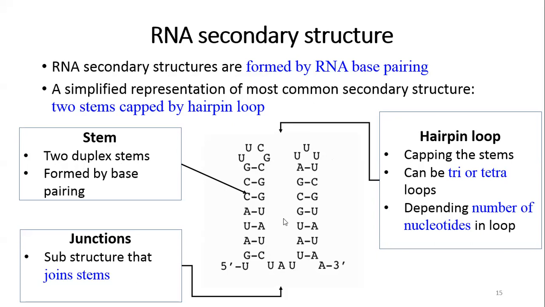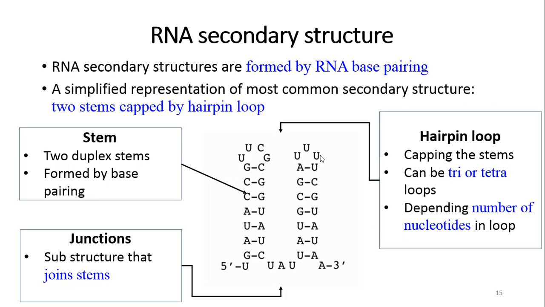There are two duplex stems over here, and these two duplex stems are formed by base pairing, as you can visualize. What you have over here is something called a junction, and these junctions are substructures that join the two stems. Above, what you can see are called hairpin loops.